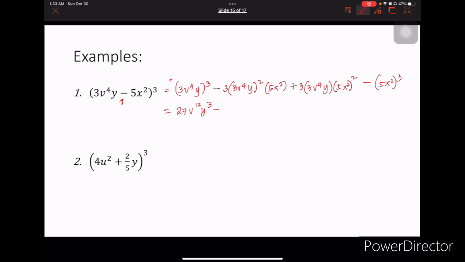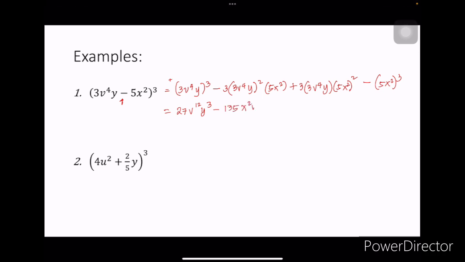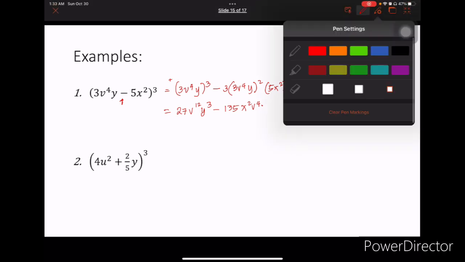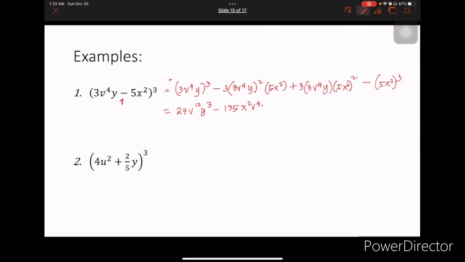That's 27 times 5. That's 135. So 135 x squared, v to the fourth, that's v to the sixth power, since we need to square it. Sorry, 8th power. v raised to 8, y raised to 2.